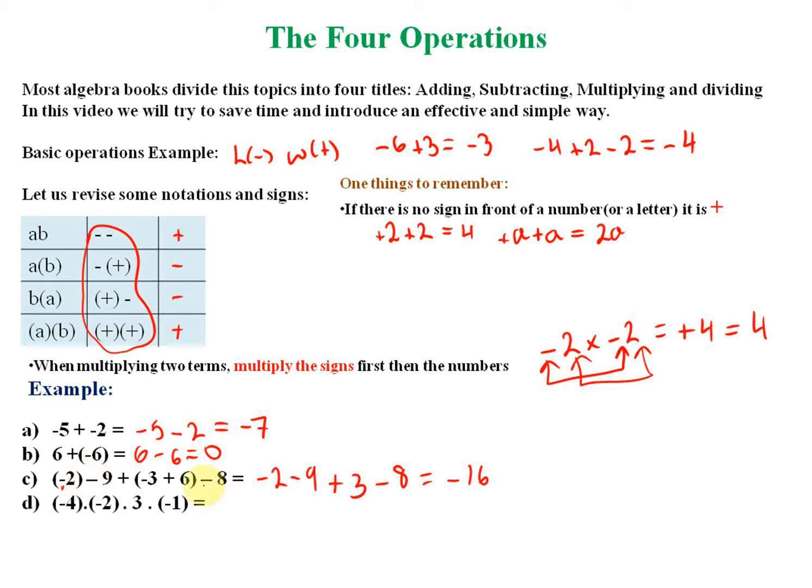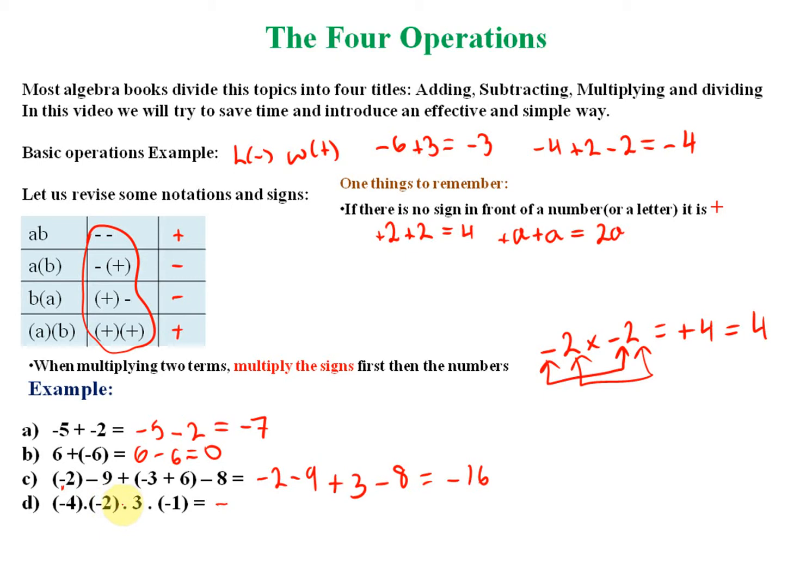These are multiplications, so what we do, we multiply the signs first, then we multiply the numbers. So we have negative times negative. We know the 3 has a positive, so times positive. Negative times negative is positive, times positive is positive, times negative is negative.